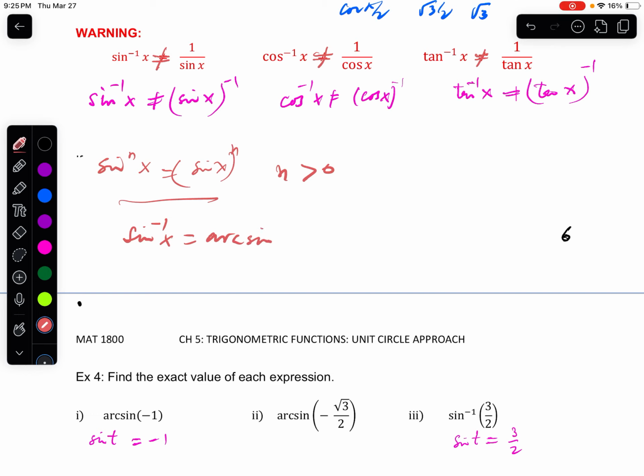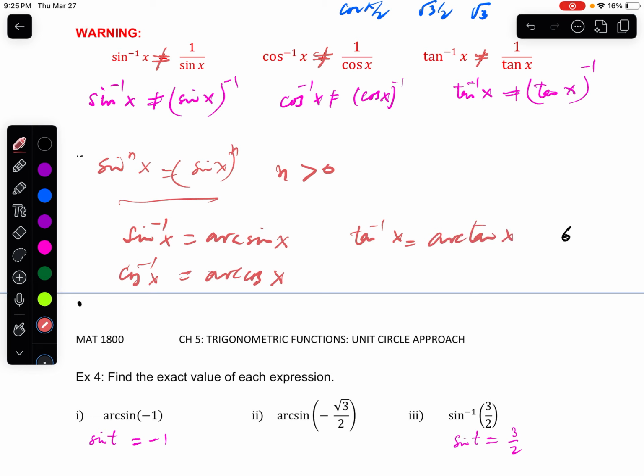We read it arc sine x. And in the same way, the cosine inverse x will be arc cos x, arc cosine x, and tangent inverse x is the same thing as arc tan x.